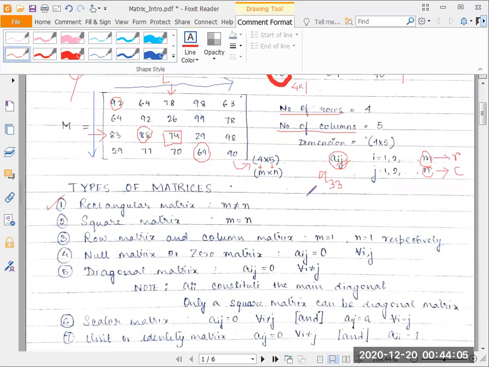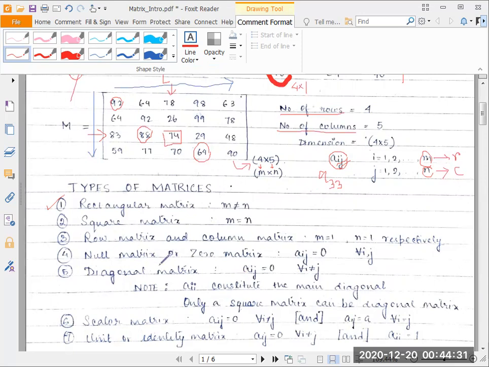They are called vectors because they have only 1 row or only 1 column. You have to have at least one of the rows and columns to be 1 in number. So if a particular matrix has 1 row or 1 column, it is said that the matrix is a vector. So it can be a row vector or a column vector. If it's a row vector, it has 1 row, and if it is a column vector, it has 1 column.